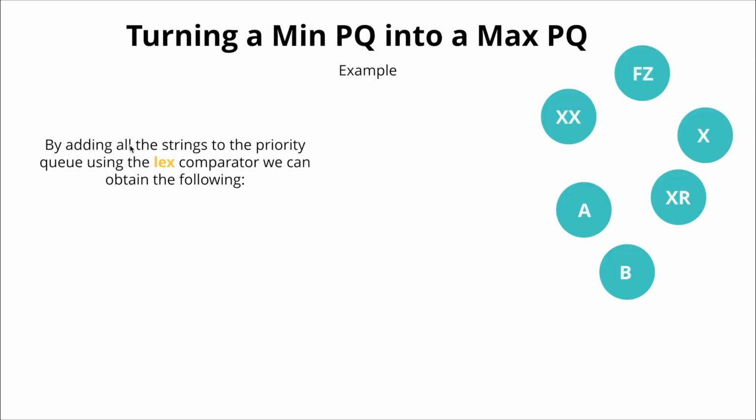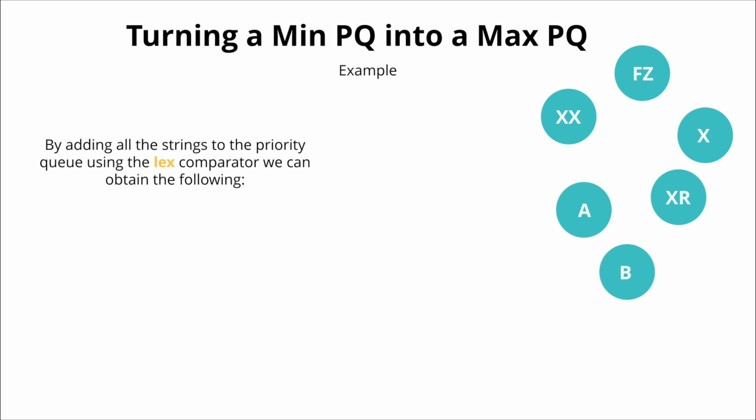All right, so let's assume we have a min priority queue where we have all these elements which are strings. Now we are using the lex comparator. So we expect the string that is closest to the beginning of the alphabet and shortest to come out of the priority queue first.